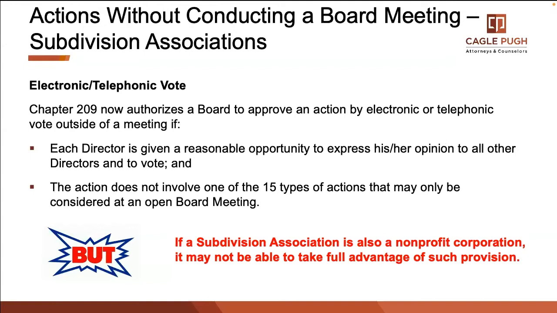We don't know. I would simply suggest that if you're taking action outside of a meeting, and a lot of boards are voting by email these days, it ought to be unanimous. I would not recommend taking action outside of a board meeting for any reason at all, unless it's an absolute emergency, unless all the board members have expressed their unanimous consent.